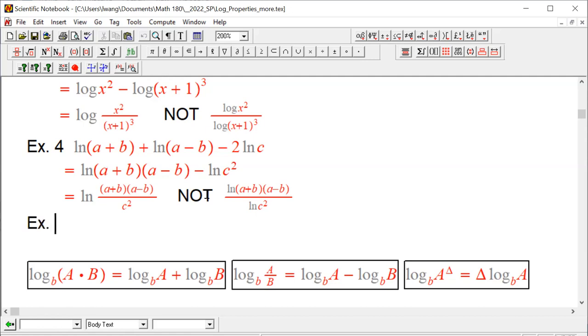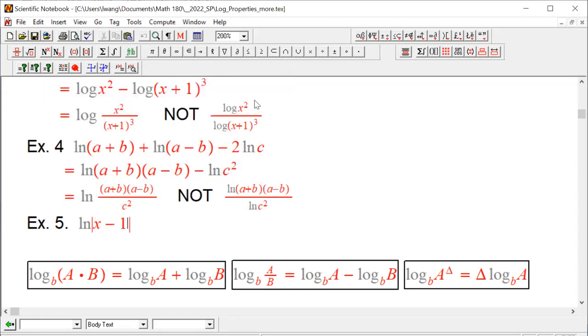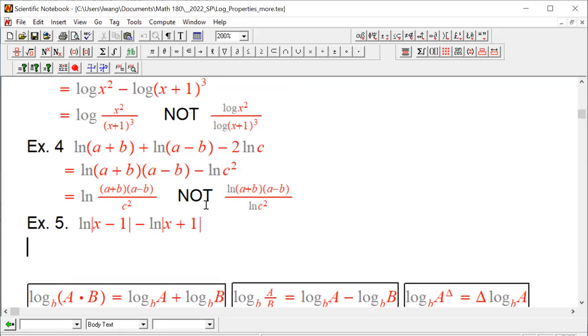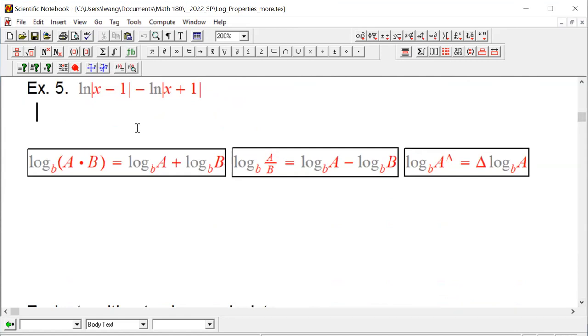Example number 5. Okay, example number 5. So here you have ln absolute value of x minus 1 over x plus 1. Okay, I can totally see this in calculus work. And this equals to, quotient rule, right?